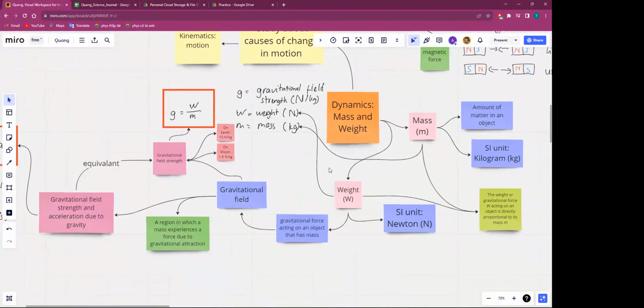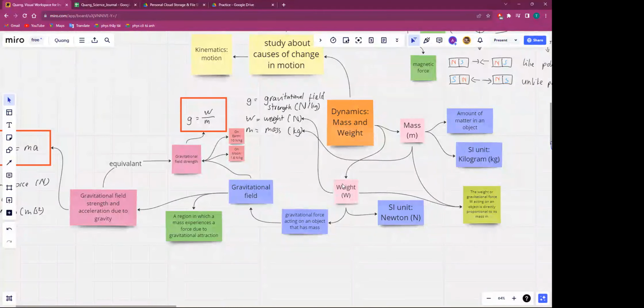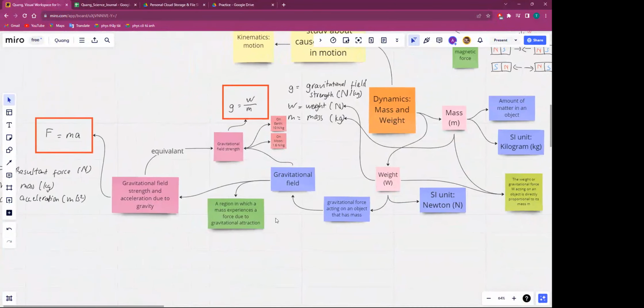For example, the weight of an object on Earth and the weight of that same object on the Moon are different, but the mass is still the same because it's the matter in that object, it doesn't change, but the gravitational force is changed due to different places.